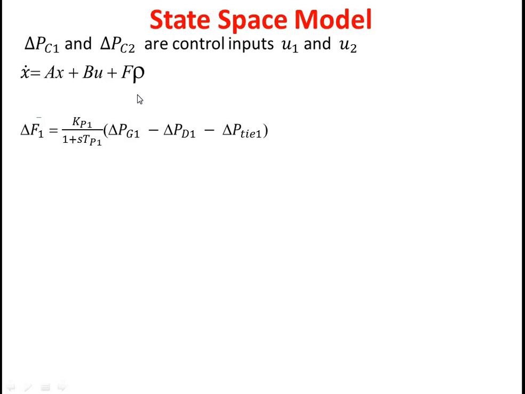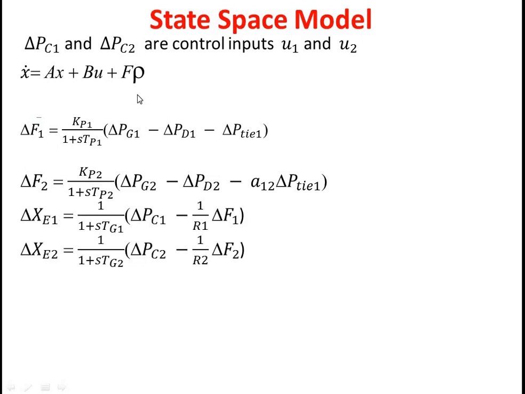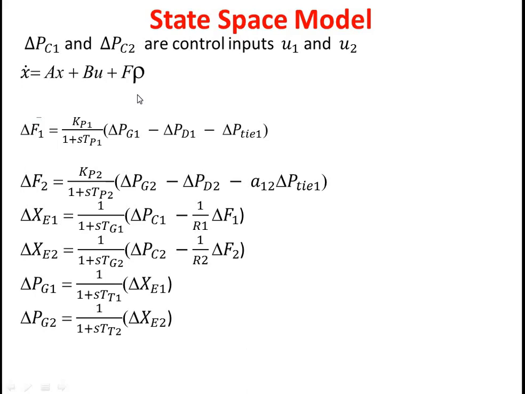The last outputs we are going to obtain from two area LFC are the frequency response for both areas, then the turbine input, and then the input coming into the generator.